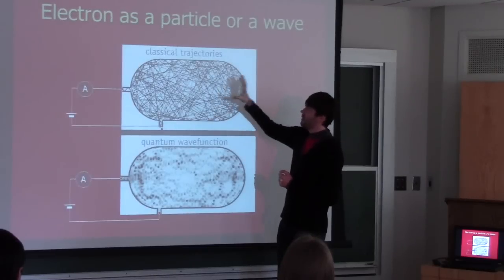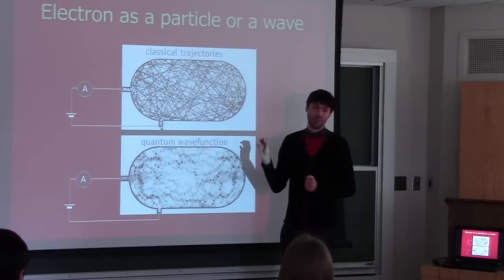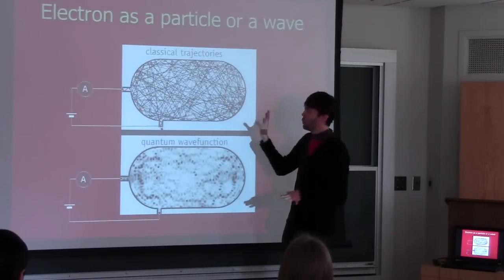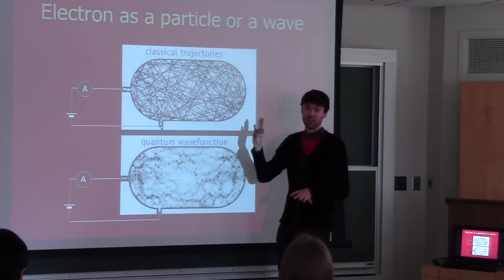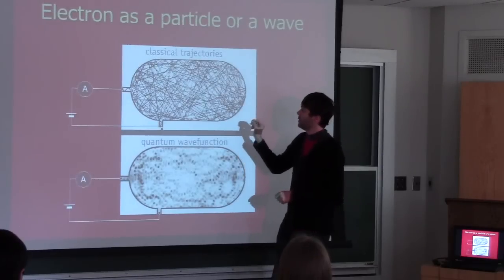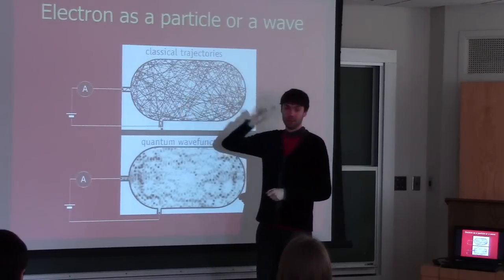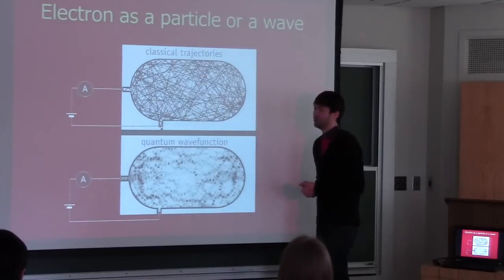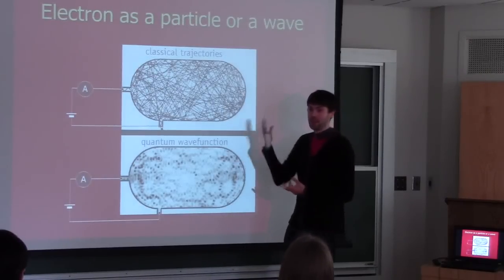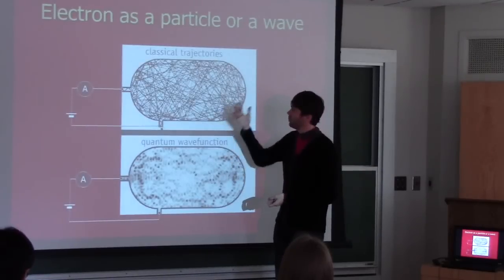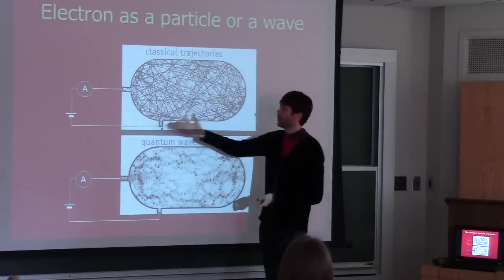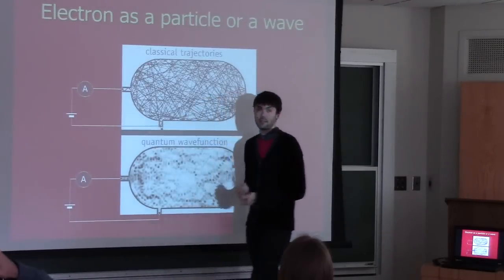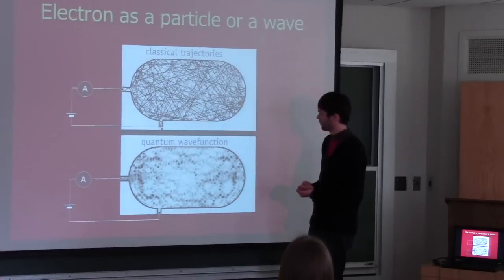So this is a ballistic cavity, but it is classical because all we need to know to model the transport of these electrons is that they are particles with a certain velocity and they bounce in this cavity. So if we know that and the shape of the cavity, we can calculate the current flowing through this cavity for a given voltage bias applied to it.